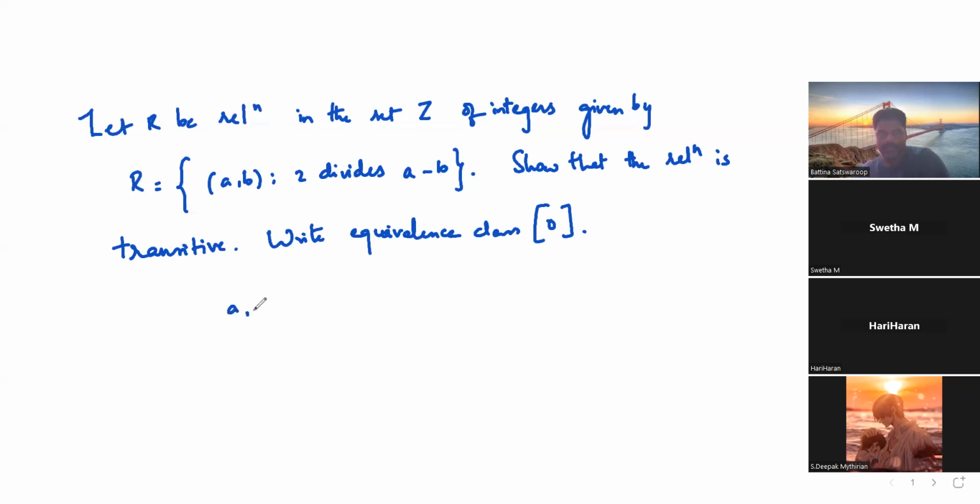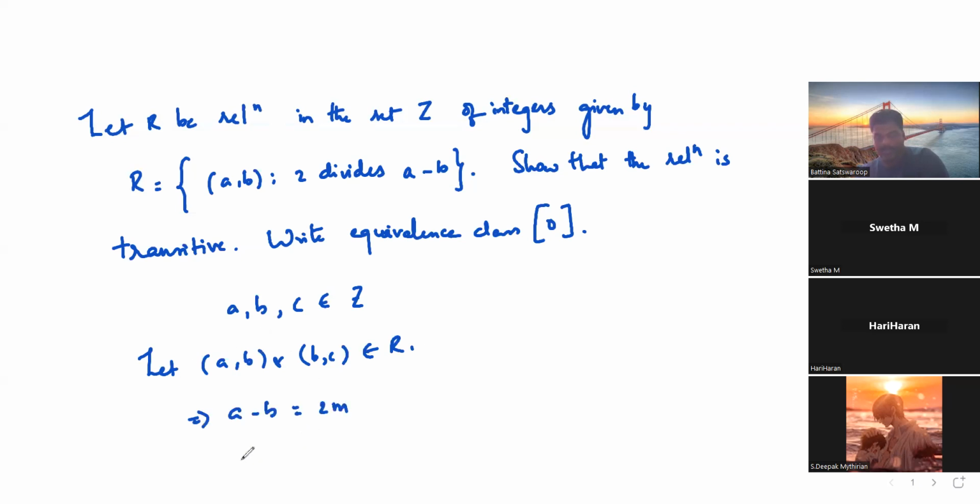First of all, I will take three values, let A, B, C all belong to the set of integers. Let us say (A, B) and (B, C) belong to R. So can I say A minus B is equal to 2m, B minus C is equal to 2n, where m, n belong to integers, sir? Yes.